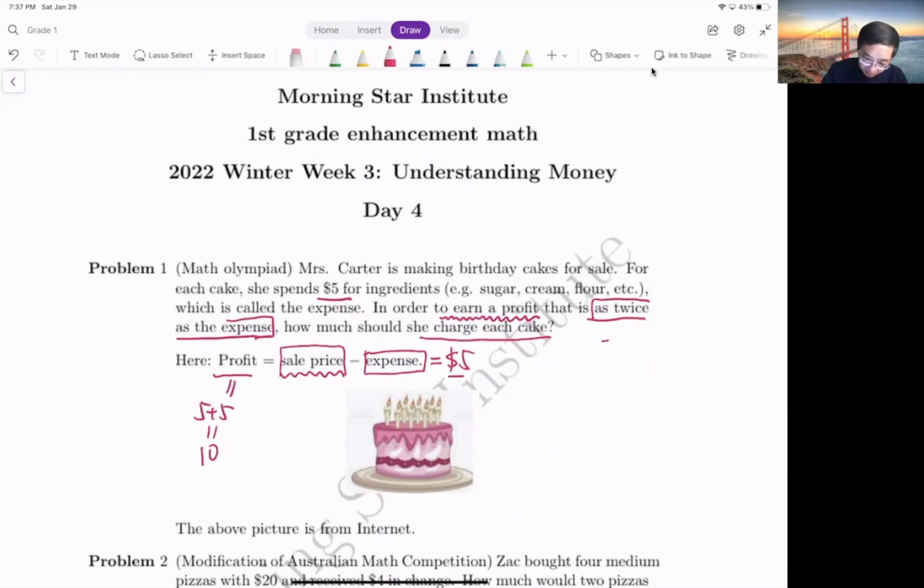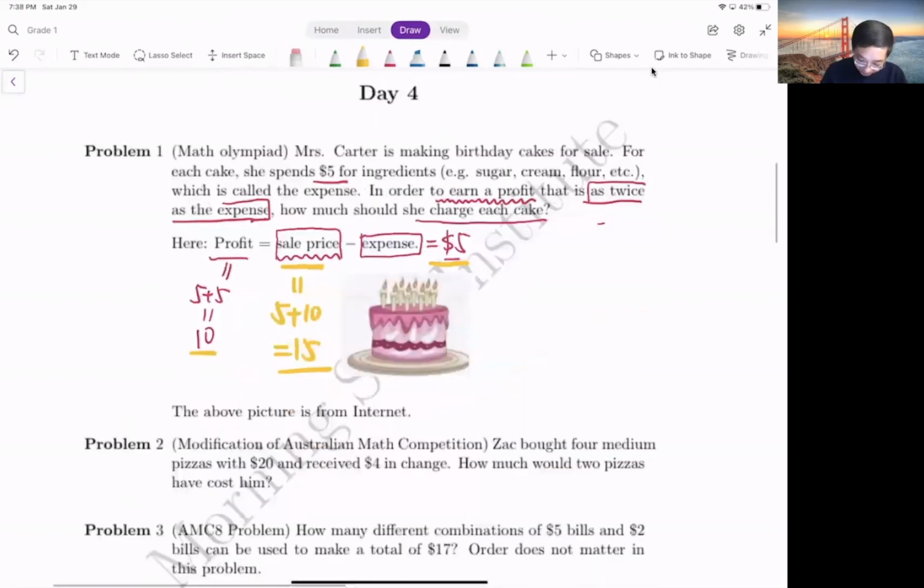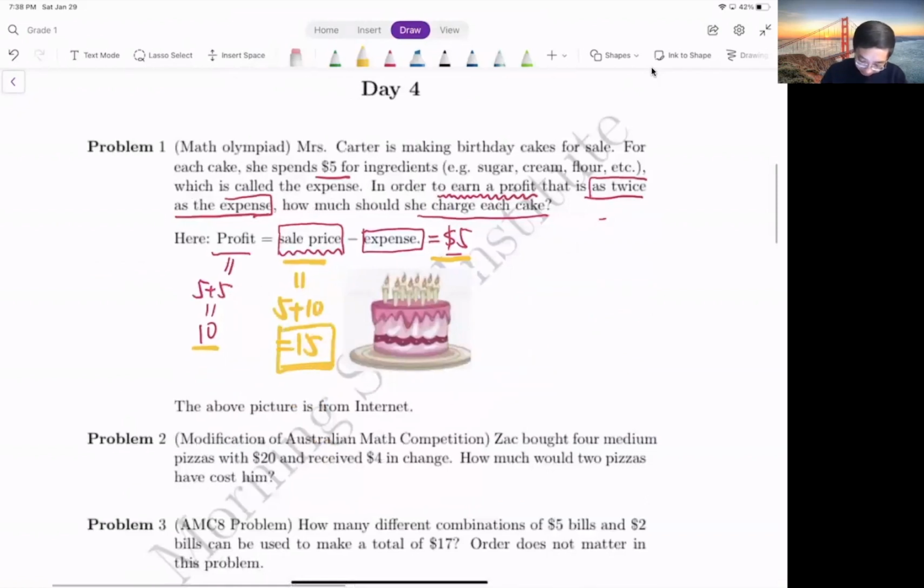And then the sale price minus 5 is 10, so the sale price will be 5 plus 10, which is 15. This tells us if she sold this cake for $15, then removing $5 for ingredients, the expense, she can earn $10, right? So the answer is $15.